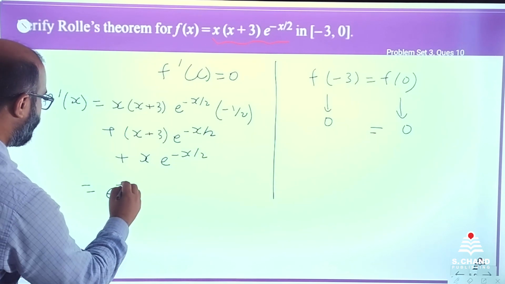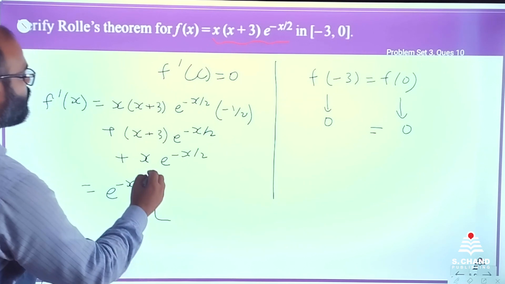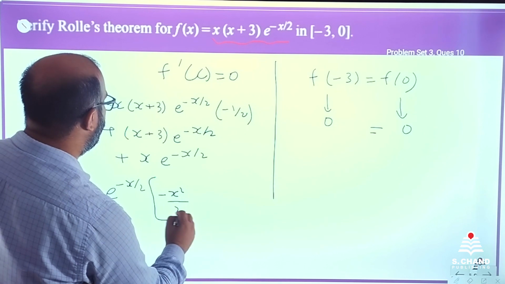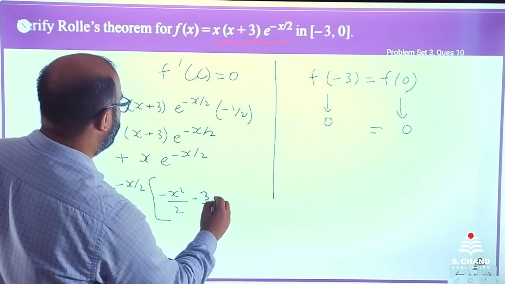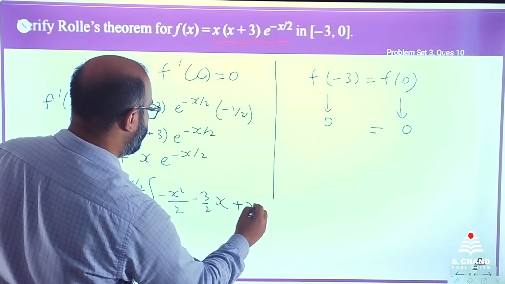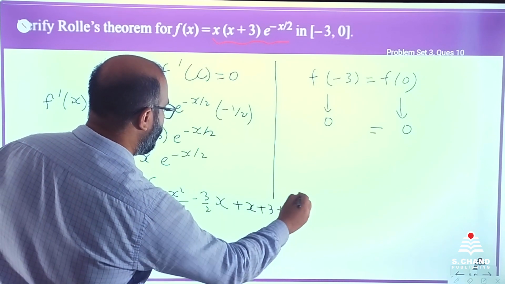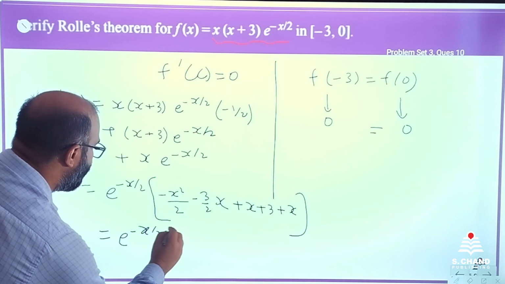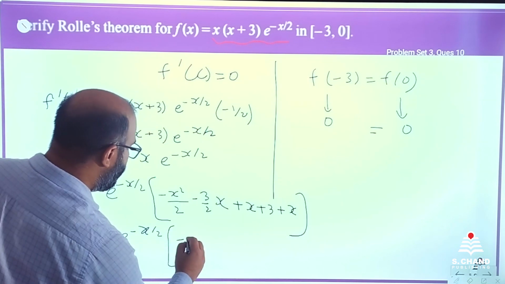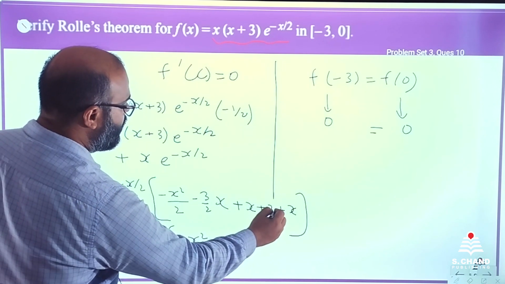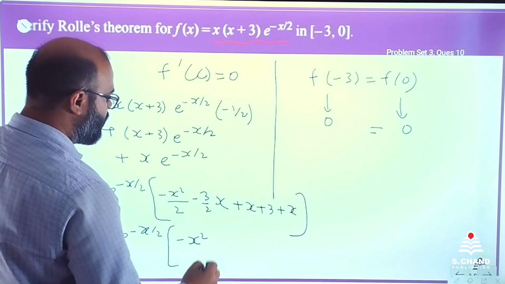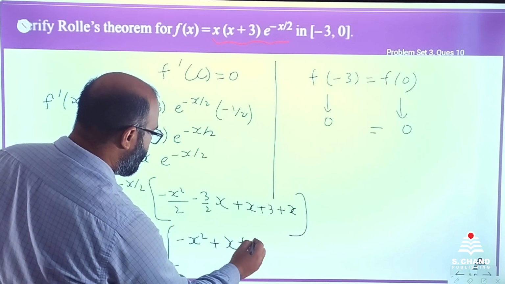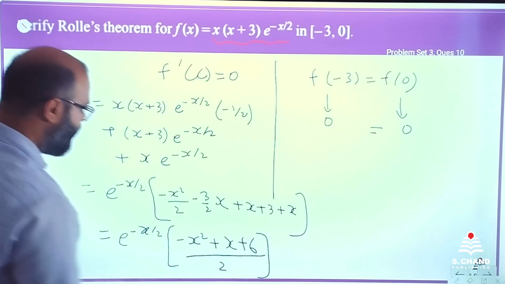So what we get is e to the power minus x by 2 times minus x square by 2 minus 3 by 2 x plus x plus 3 plus x again. So what we are getting here is e to the power minus x by 2, this is minus x square, this is minus 3x, and this is plus 2x. So 4x minus 3x is x, and plus 6 upon 2. This is what we are getting.